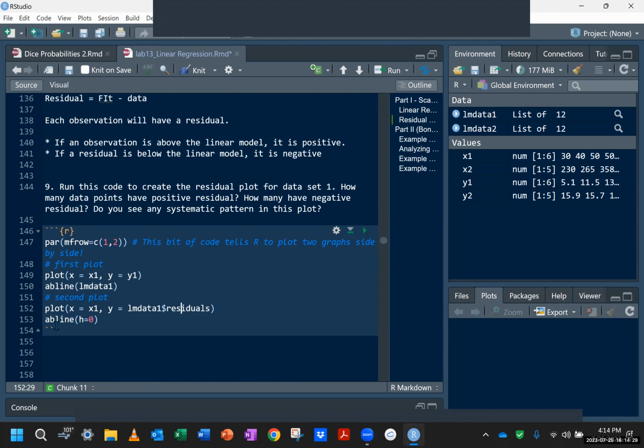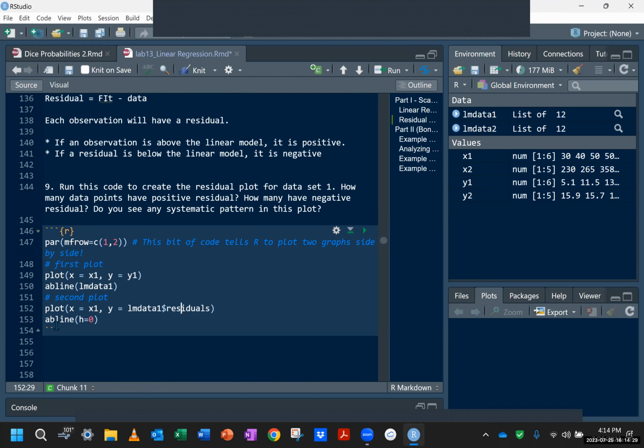So instead of x1 and y1, let's do x2, y2, linear model data set 2. We're going to use the x2 points and the linear model data set 2 model residuals. Inside this linear model data set 2, there's all this stuff, including the residuals we're going to look at. So let's look at that graph. Okay, you see all the residuals here.